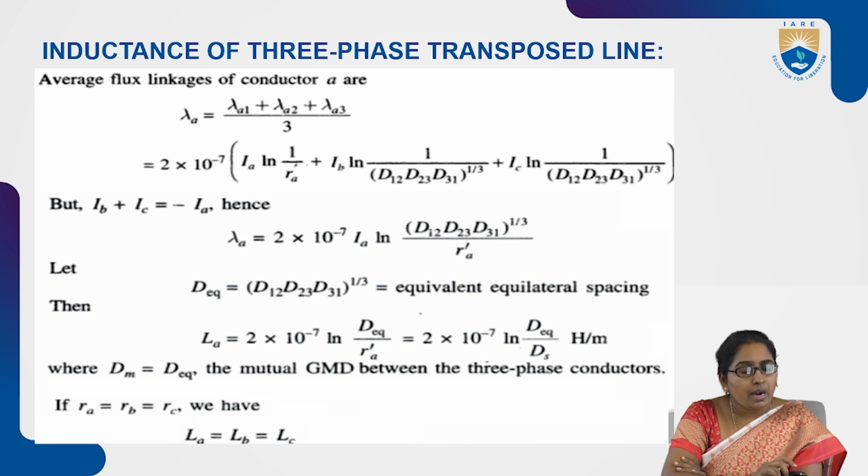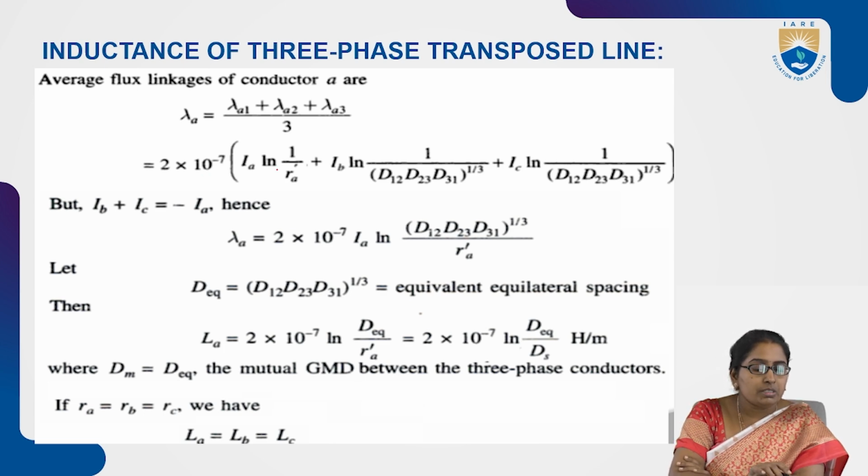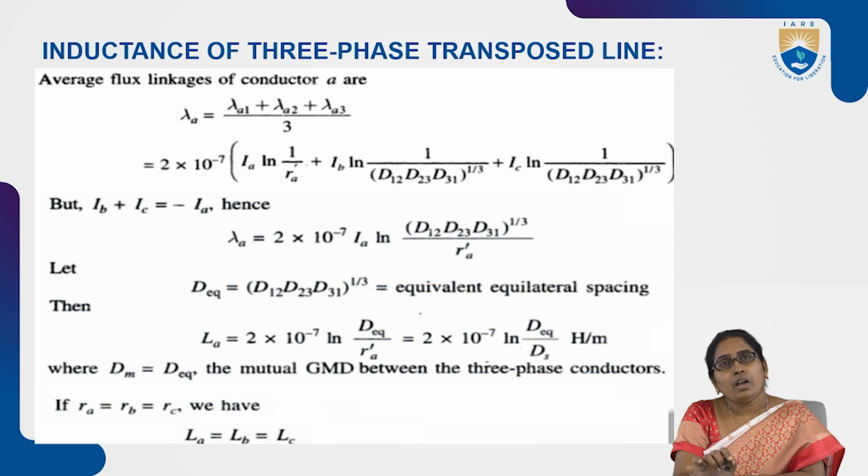Adding the three equations, the final equation is 2 into 10 power minus 7 into Ia into log of 1 by Ra dash, plus Ib into log of 1 by, with Ib there are three terms, since log A plus log B plus log C means log ABC, so the three terms are multiplied. Similarly, in terms of Ic, we have the three terms.